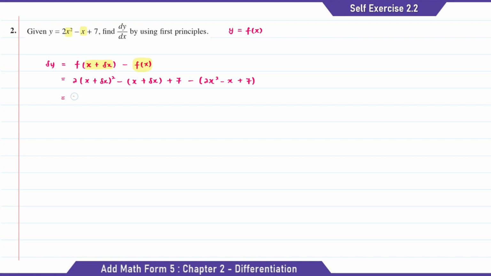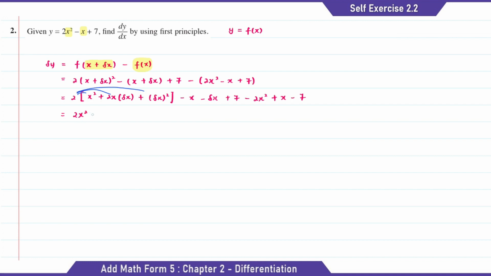So next, I'm going to expand this. So 2 brackets x squared plus 2x delta x plus delta x squared. Then minus x minus delta x plus 7 minus 2x squared plus x minus 7. Continue with the expansions.